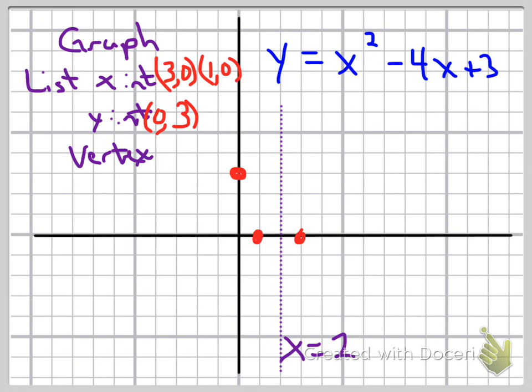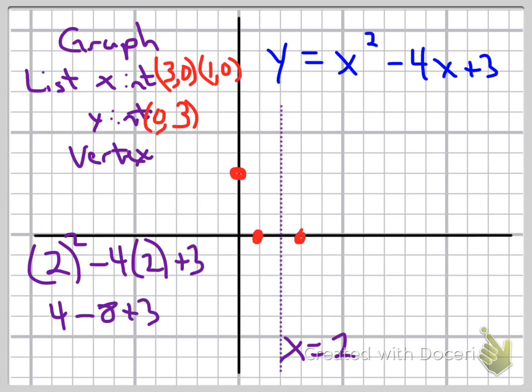When I do that, I will get 2 squared minus 4 times 2 plus 3, which gives me 4 minus 8 plus 3, which is negative 1. So my vertex is at 2, negative 1. Once I know that, and my line of symmetry, this point right here should have a corresponding point right here because it's 2 units away from that line of symmetry. And now I can draw my graph.